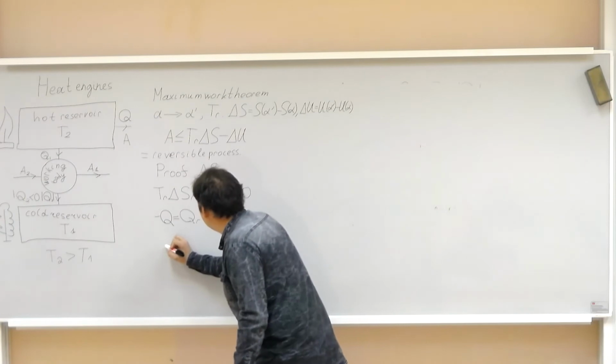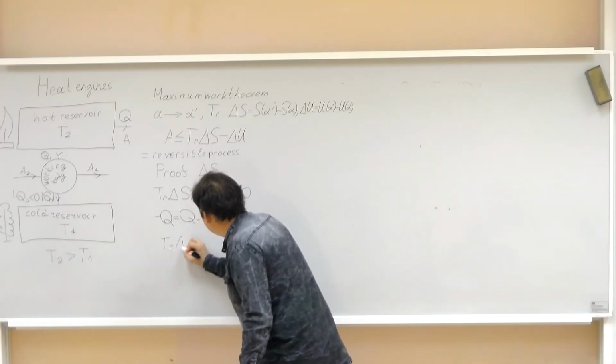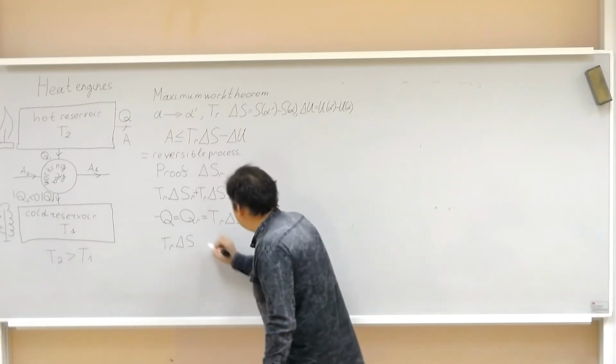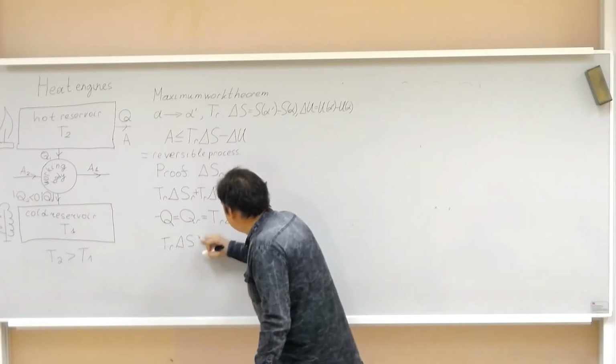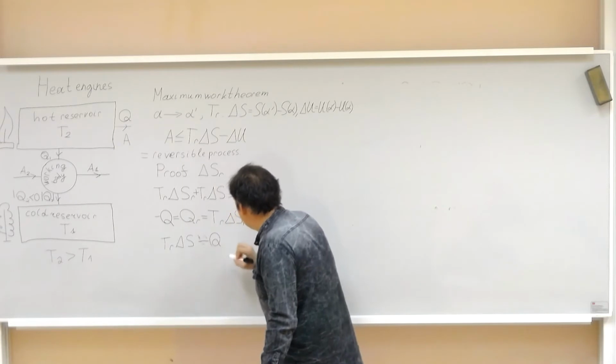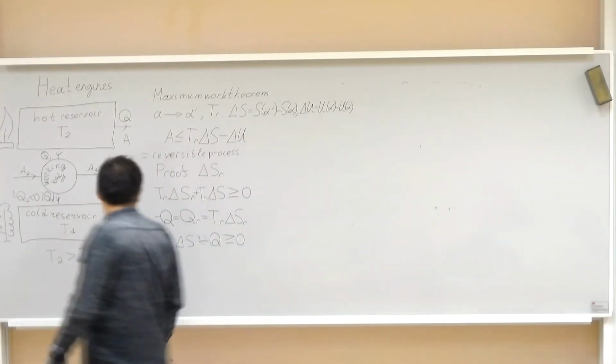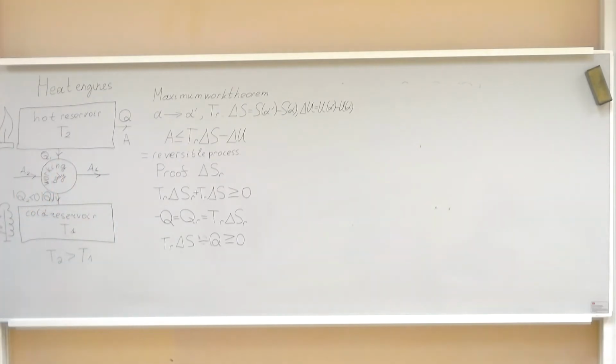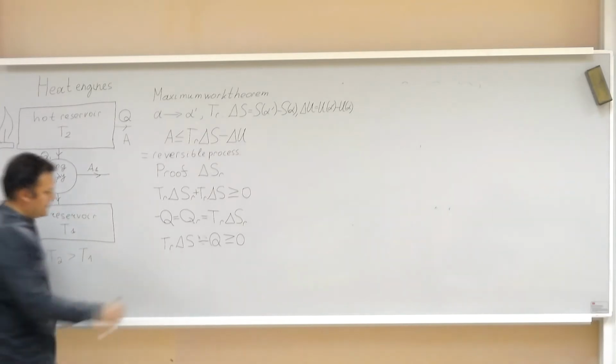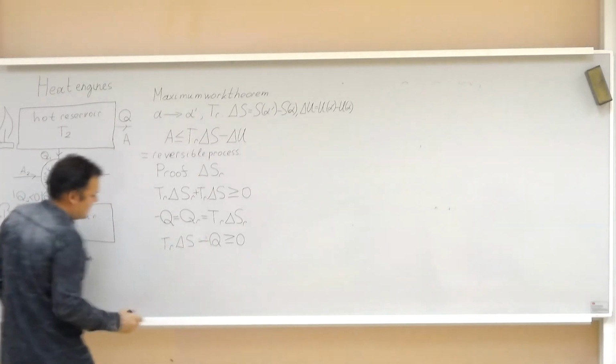So we have T_R delta S minus Q is greater than 0. And this is a consequence of the first and the second law of thermodynamics. Now we can apply the first law of thermodynamics to the system.